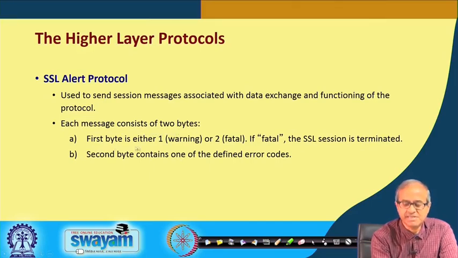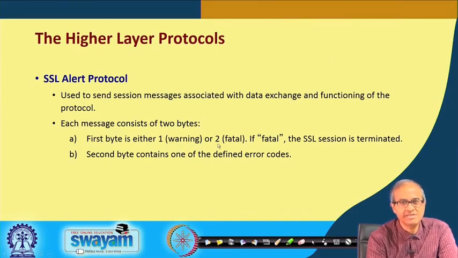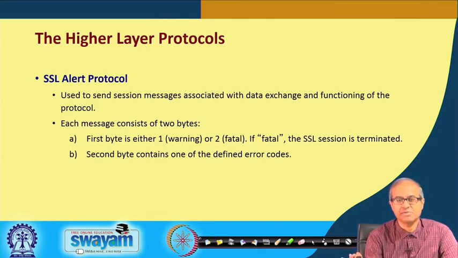The first byte is 1 or 2: 1 means it is a warning, 2 means it is a fatal error. If it is a fatal error, then the SSL session will be terminated, it will not continue. The second byte contains a code indicating what kind of warning or fatal error has occurred. This is the task of the SSL alert protocol, it alerts the other side.